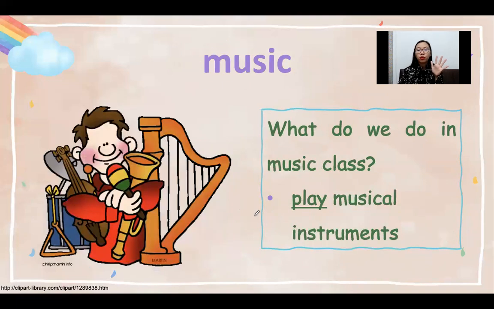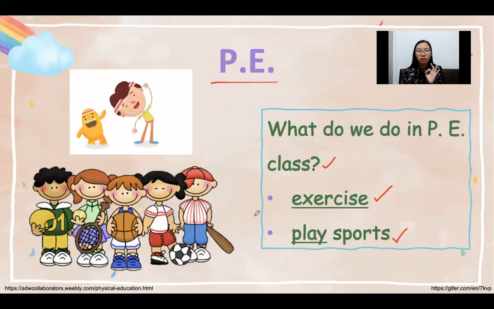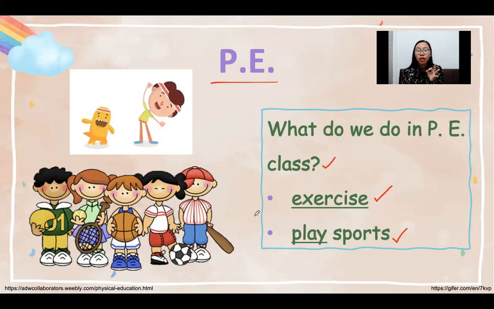What do we do in music class? What is the underlined word? Play. Next one, art. What is the underlined word? Paint, color. Good. Next, PE. What are the underlined words?